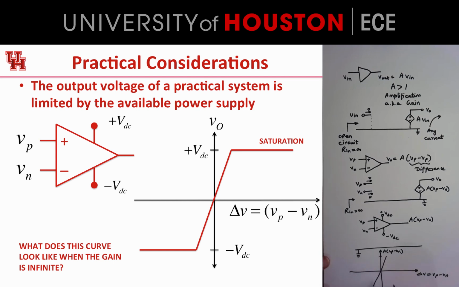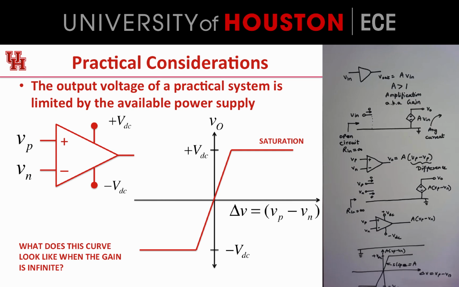But as soon as it reaches plus VDC, it'll get clipped off like that, and if it reaches minus VDC on this side, it'll just be clipped off like that. The slope of this curve is equal to A. So the higher the slope, the more drastic this curve is. If A becomes infinity, this will look like a clear, nice step function like that.